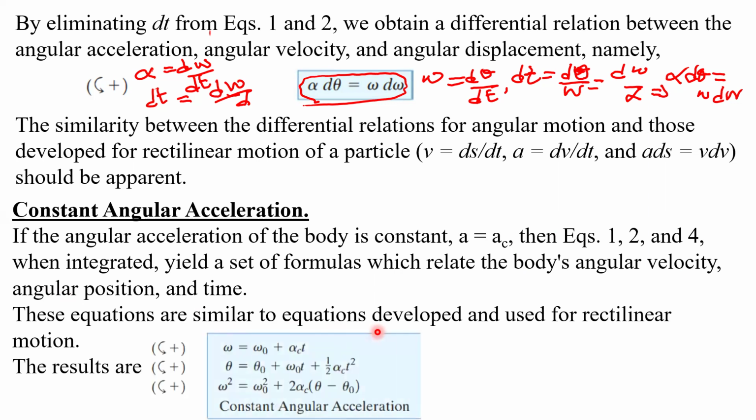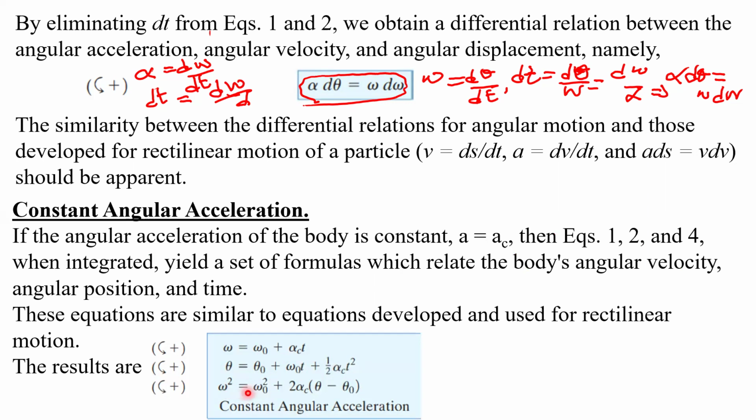The results are this. So omega is omega naught plus alpha c t, which is similar to v is equal to u plus at. Theta is theta naught plus omega naught t plus half alpha c t squared. That one is similar to s is equal to s naught, that is s2 is equal to s1, which is initial position, plus ut plus half at squared.